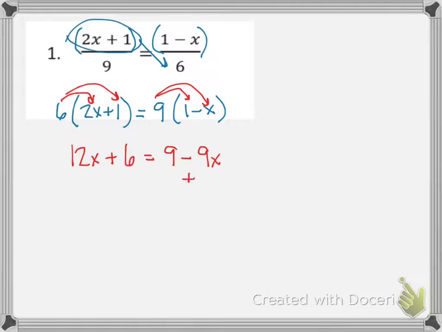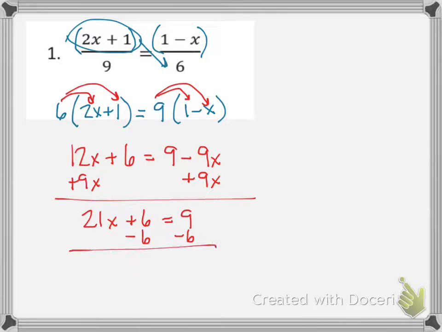And here we go. We're just getting all of our variables on the same side. That gives me 21x plus 6 is equal to 9. And then I'm going to isolate this variable. Subtract 6 from both sides. I get 21x equals 3, and then multiply by the reciprocal.